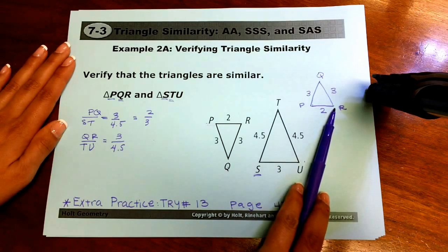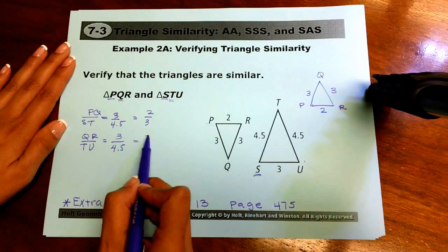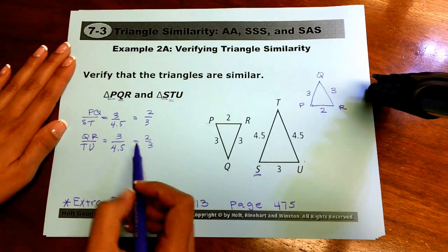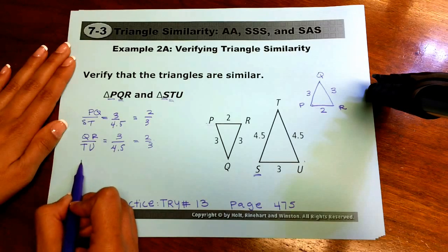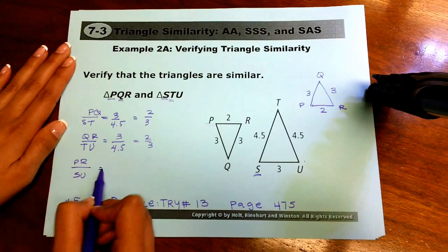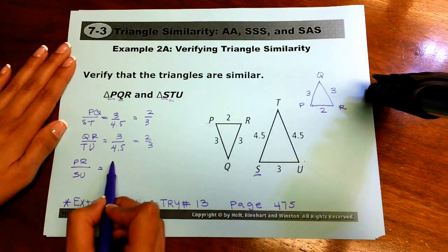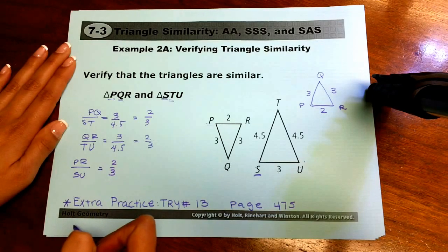You can see that there and there. And that again is going to reduce to 2/3. The last group of sides are PR to SU. PR is 2, SU is 3, so that's 2/3 as well.